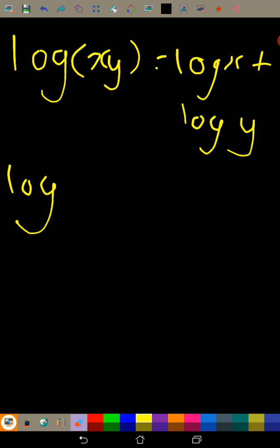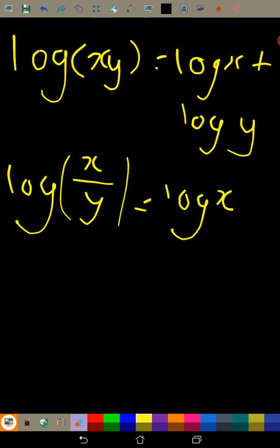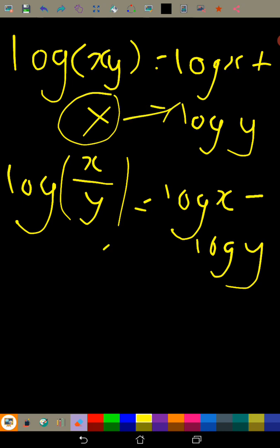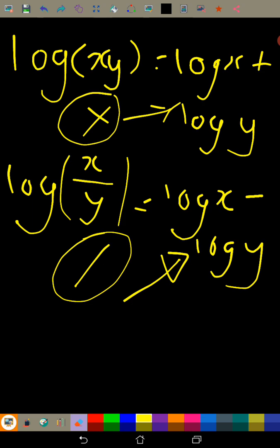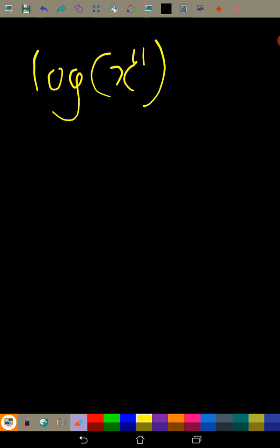And we have also x divided by y, and it's going to be log x minus log y. So when we have product, it's like this. When we have division, it's like this. And we have another law, which is log properties, sorry, n log x, and we can always send the n to the beginning.